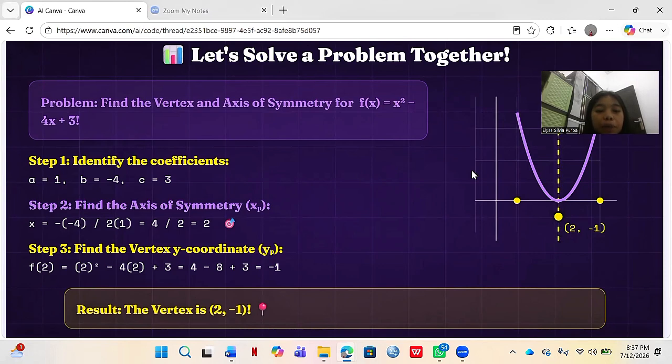And step 3, substitute x equals 2 into our function to find the y coordinate. 2 squared is 4, minus 8, plus 3, which equals minus 1. The result is our vertex point, 2 comma minus 1. Perfect.